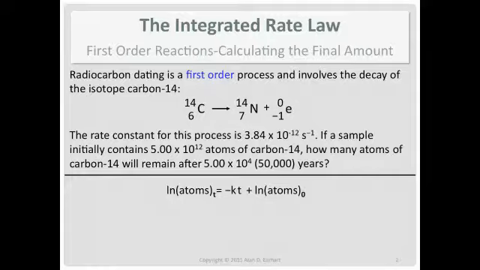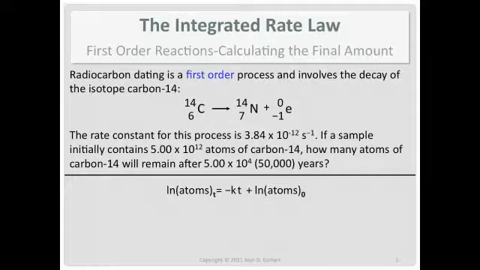One thing that looks different: this is not in terms of a concentration, and we've been using concentration so far. Well, with the radioactive dating example here, you can think of this as a concentration problem and just work it out that way. But you're really calculating number of atoms and years and things like that.